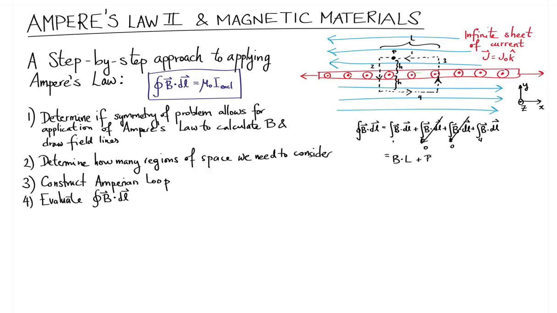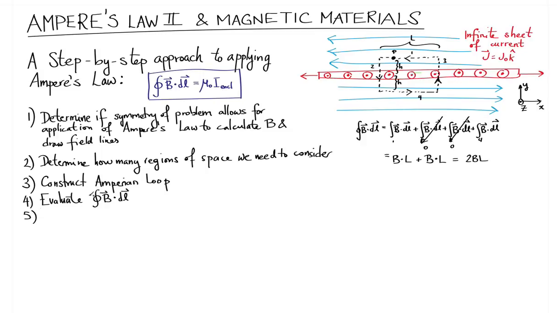So from side 4, it would be the same B. B is in the reverse direction, but so is dl, so those add. There's no negative sign, because in both cases B and dl are parallel. So that's step 4. We've evaluated B dot dl, and we got 2 times B times the length of our Amperian loop. That's quite easy because we picked a good Amperian loop to use. If we picked a circle again, that would be really hard to evaluate.